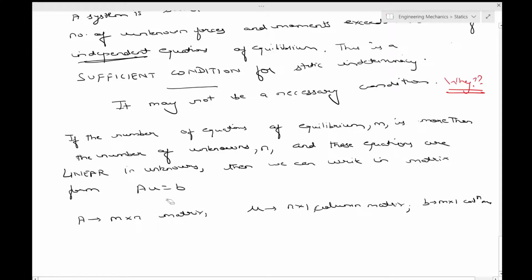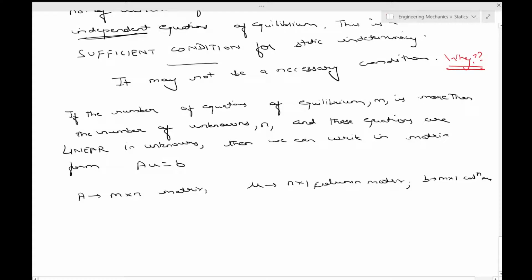This is also something I'm putting in red because it's coming from your understanding of linear algebra. A unique solution exists if the rank of matrix A, I hope you know what a rank of a matrix is. If not, you should just stop and learn about it and then come back. It's only a matter of revision, I think.